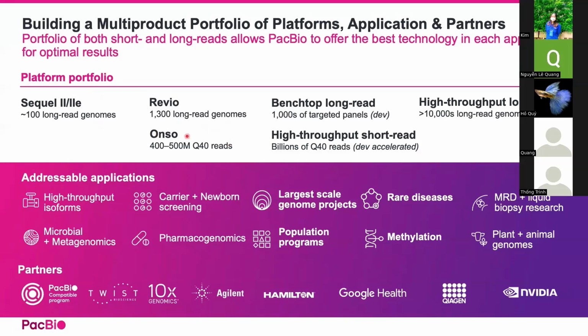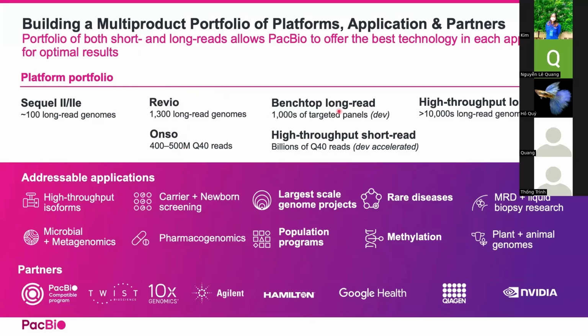The Revio is our newest instrument, launched about 1.5 years ago, where you can sequence up to 1,300 long read human genomes in a year. Onso is our state-of-the-art short read sequencer, which can generate more than 90% of reads above Q40.